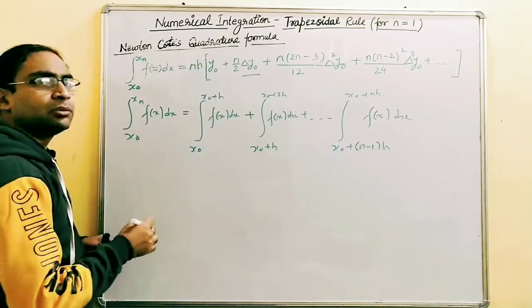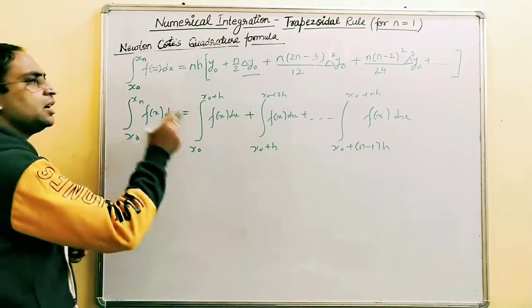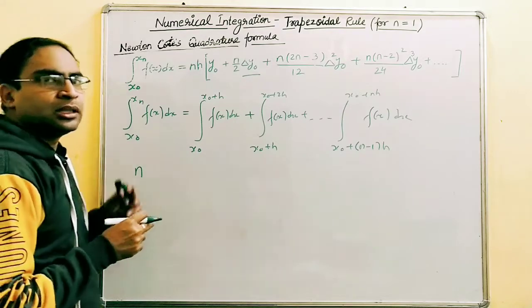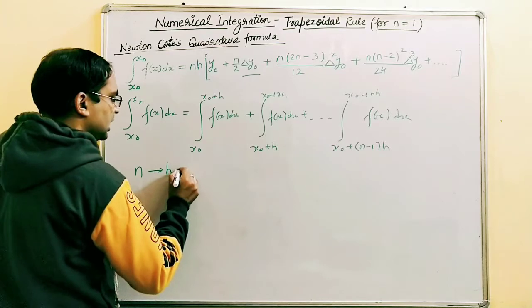So the number of intervals is n and we have h as the equal distance, the interval.